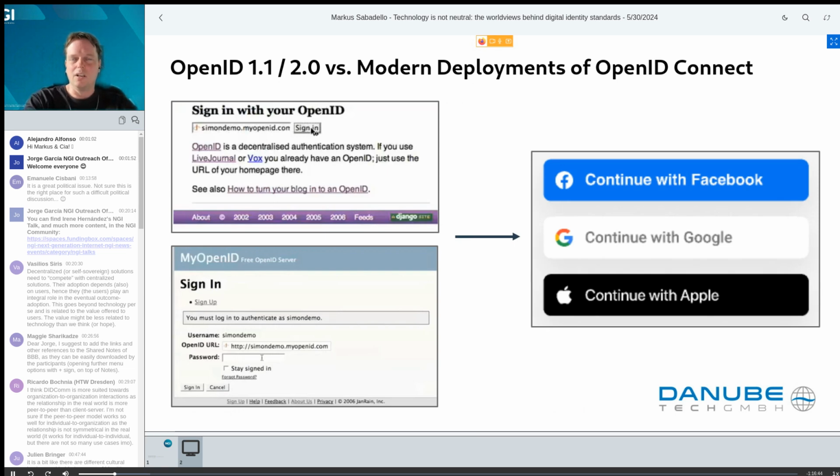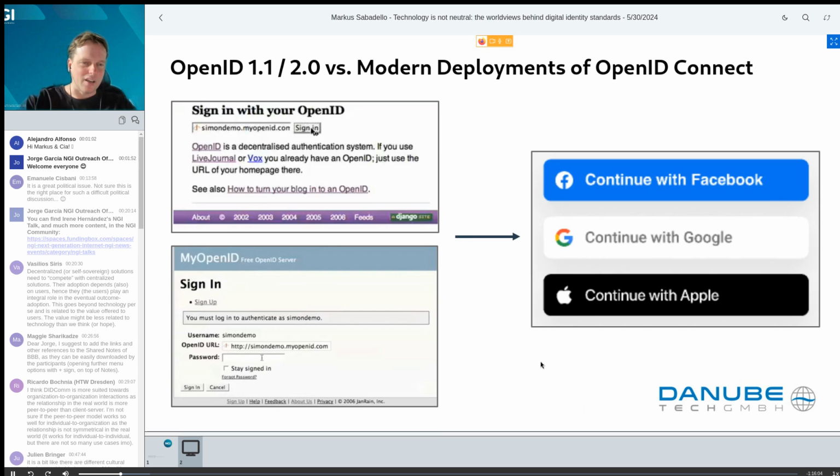OpenID is a very well-known and extremely successful technology, a set of standards for authentication, for logging in, for federation of digital identity. And it has evolved over time. It's pretty old, so a long time ago, the first versions of the OpenID specifications were published. And it's still very widely deployed and very useful. But we've seen, I think, at some point an interesting shift in how that protocol, how that standard has evolved, and how it's being used.